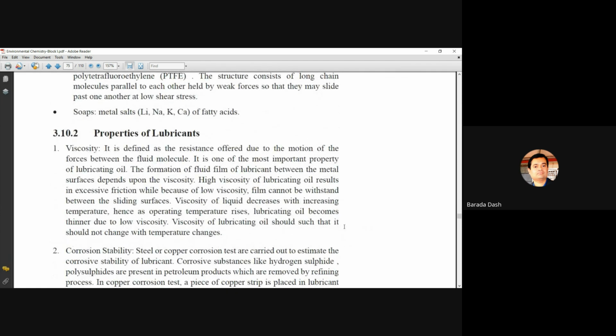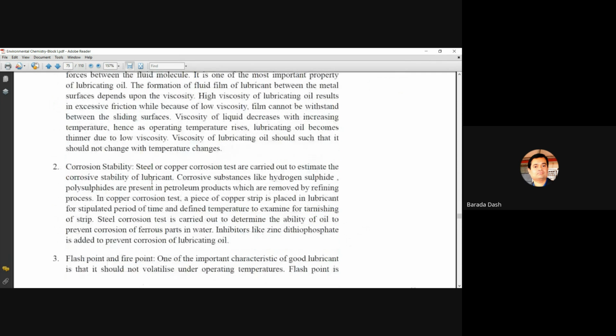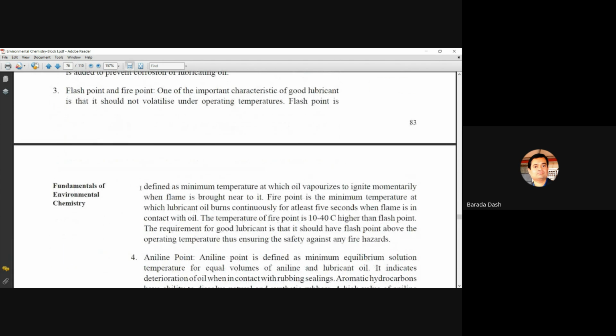Properties of lubricants. What are the properties of lubricants? Viscosity is defined as the resistance offered due to the motion of the forces between the fluid molecules. Corrosion stability: steel or copper corrosion tests are carried out to estimate the corrosive stability of a lubricant.